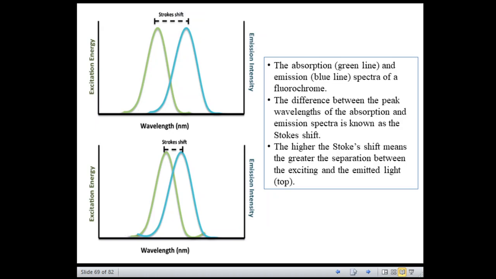The difference between the maxima in the wavelength of absorption and emission is known as the Stokes shift. This determines how good a fluorochrome is.